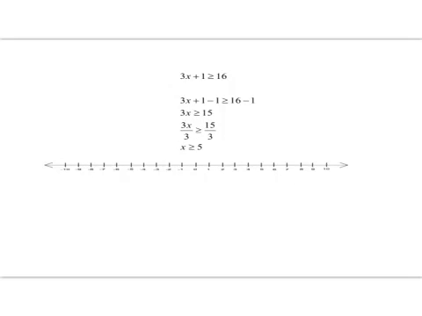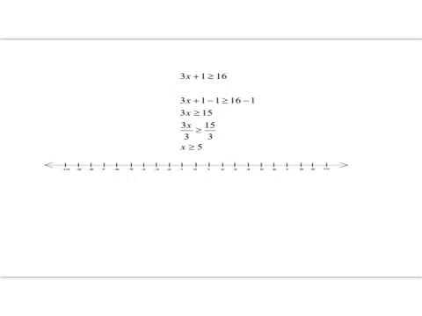As in the previous slide, our inequality has been worked for you. We have 3x plus 1 is greater than or equal to 16. We want to eliminate our positive 1, so therefore we're going to subtract 1 from both sides of our inequality symbol.